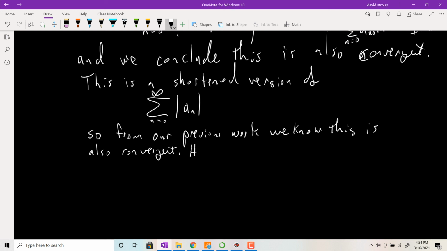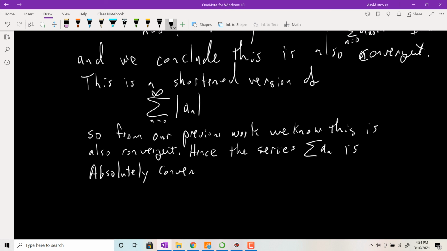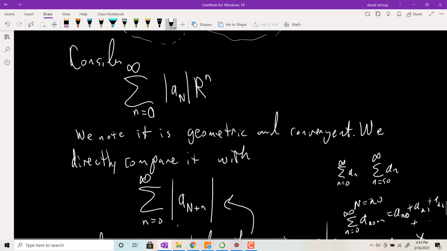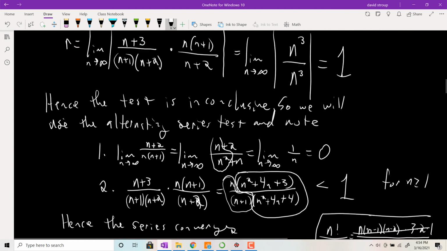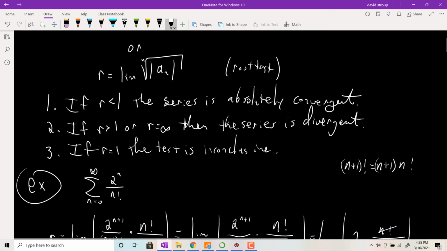So hence, the series without the absolute values, just a sub n, is absolutely convergent, which I think is what we wanted to show, right? If you look back at the original criteria, if r is less than 1, then it's absolutely convergent.